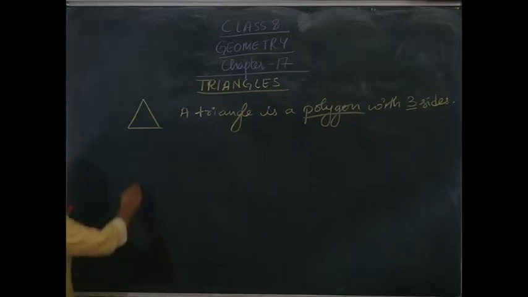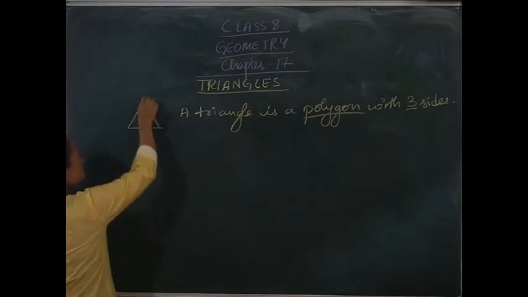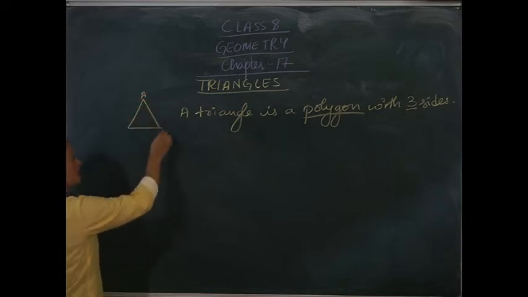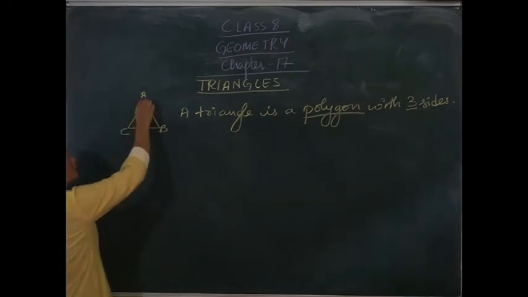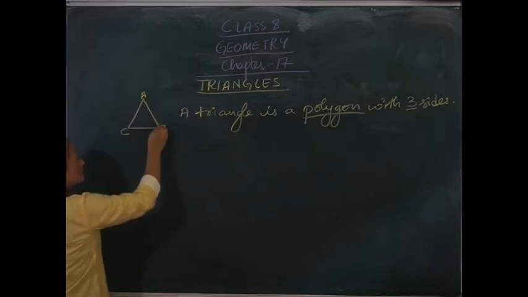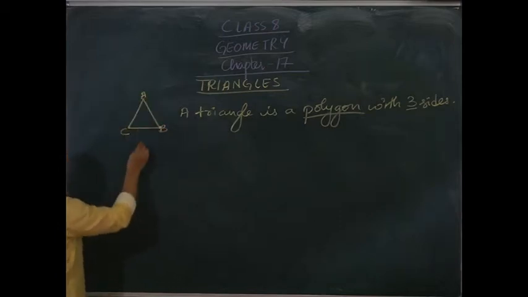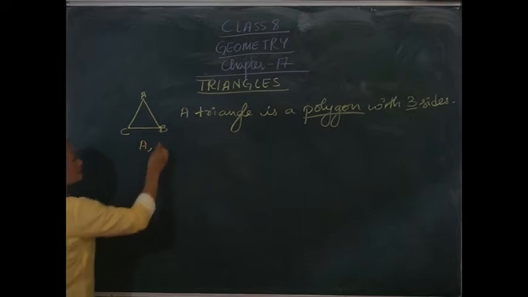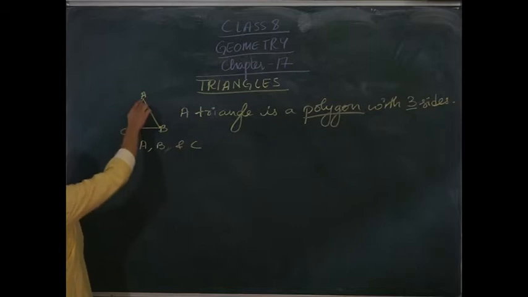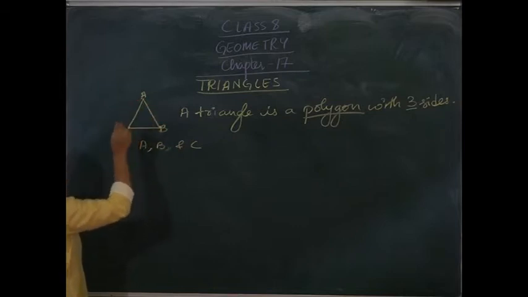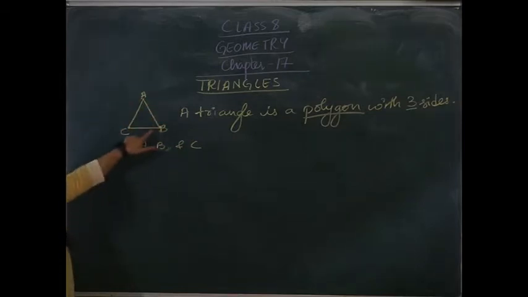A triangle has how many sides? As we discussed, 3 sides. So let me name this triangle as A, B and C. Now, the point A, the point B and the point C, that is where the 2 lines meet.